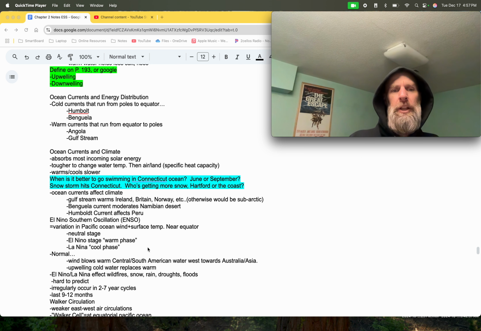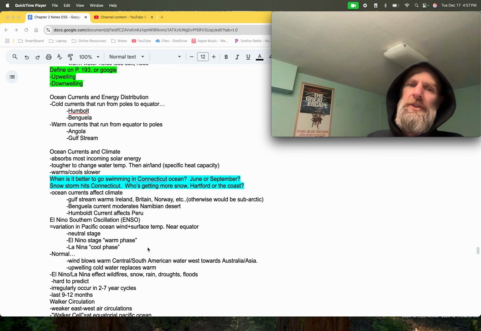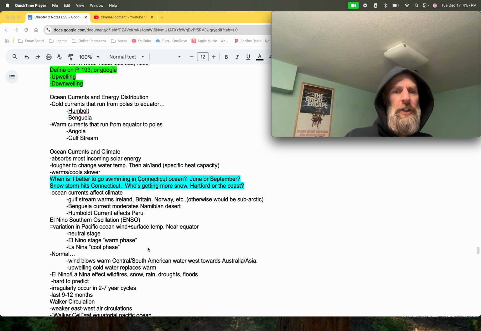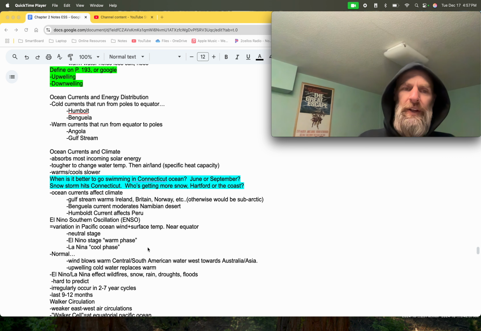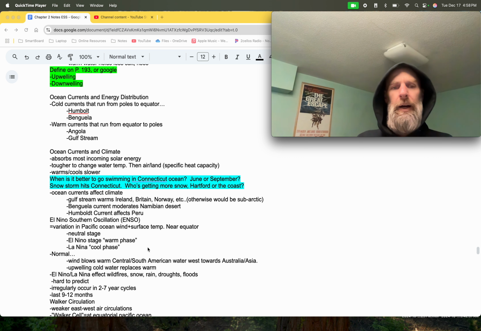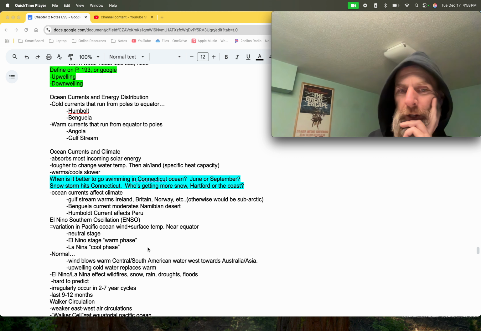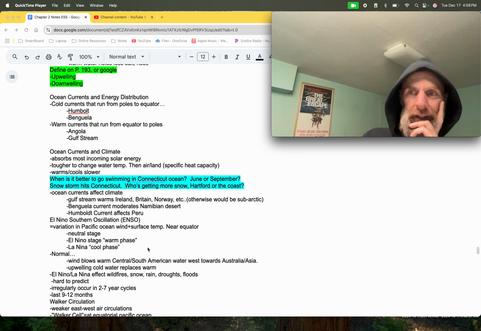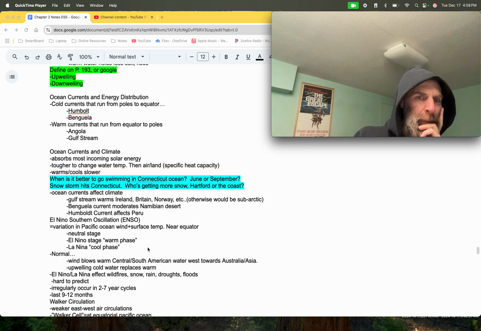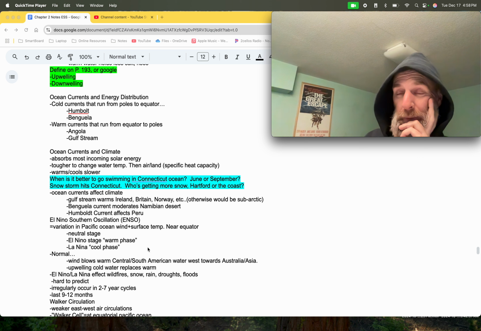It's a variation in the Pacific Ocean wind plus surface temperature. It's near the equator. It's in the neutral stage. The El Nino stage is the warm phase. La Nina is the cool phase. Normal winds blow warm Central South American water west towards Australia and Asia, so upwelling cold water replaces the warm.